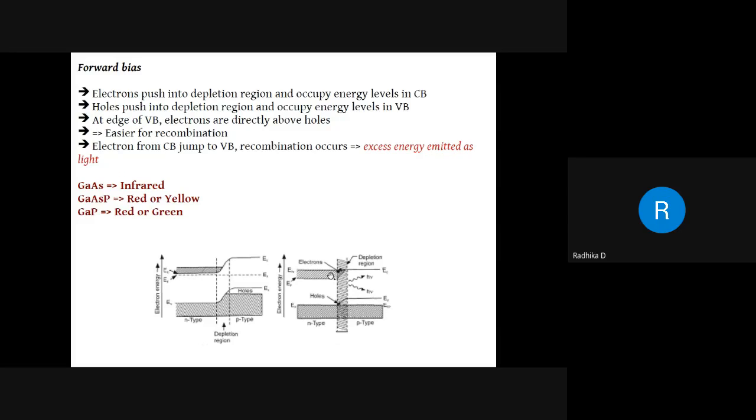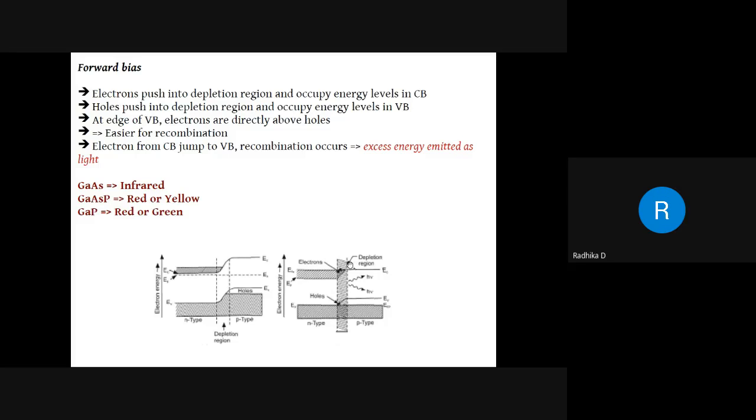So some of those electrons will come towards this depletion region. That is why you can see that in the conduction band of the depletion region I put a small triangle. Basically, the electrons are pushed to the depletion region, or the conduction band is being filled up with some electrons.